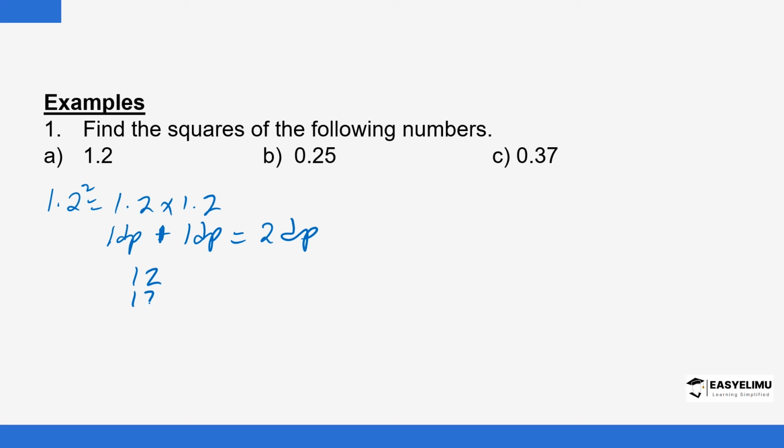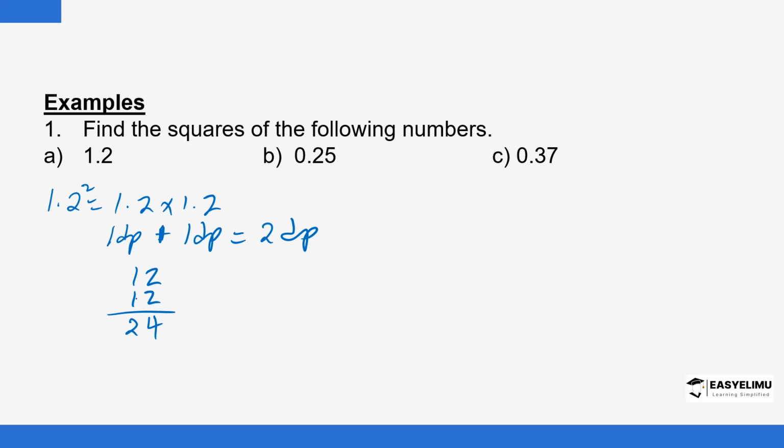So 12 by 12: each digit down here multiplies all the digits up there. So 2 by 2 is 4, and 2 by 1 is 2. Now when multiplying by the 1, we multiply by its total value, which is 10.